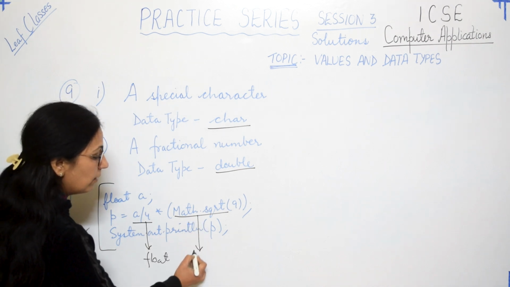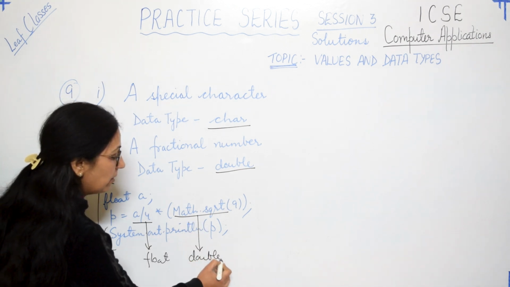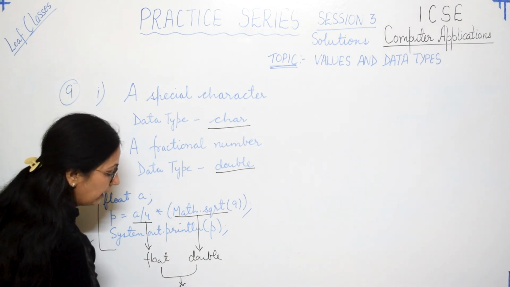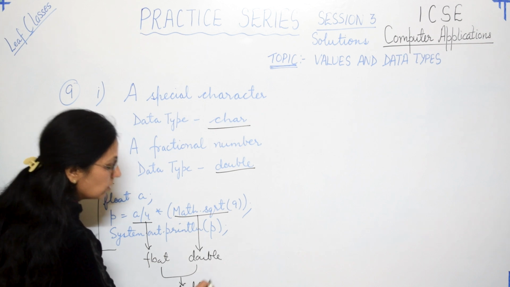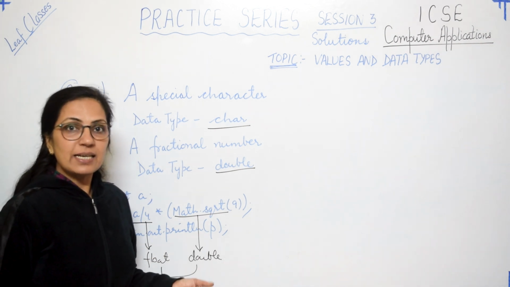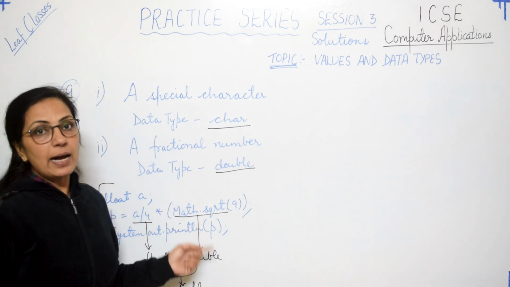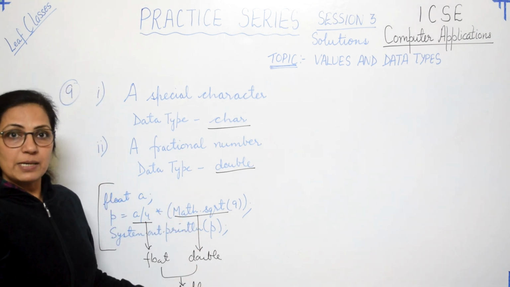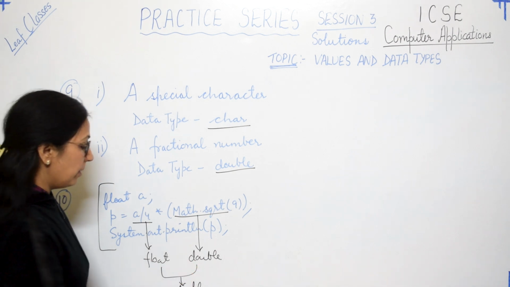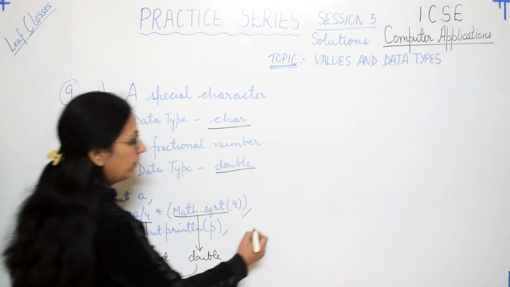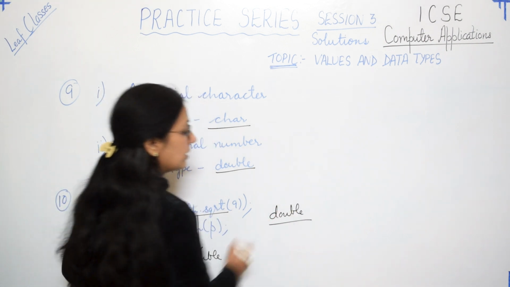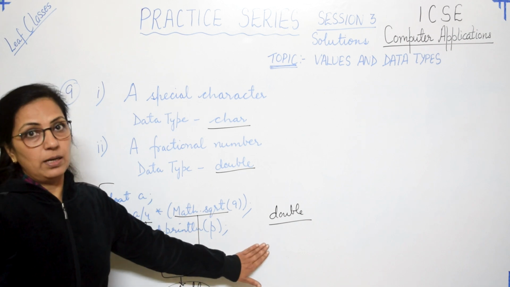The sqrt function always returns the answer in double value, and float and double will give you the output in double. This is known as implicit conversion. The resultant data type is always the highest data type which is mentioned in that expression. So here we have finally float and double. So the resultant value will be double. So you will write in the answer: resultant data type is double, right?